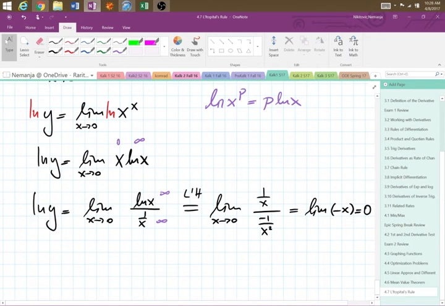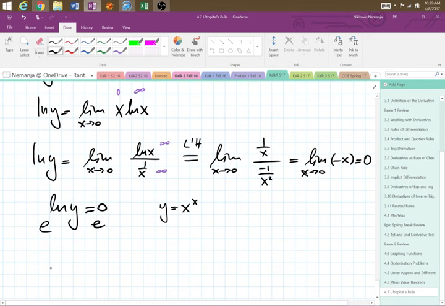So what you got is that ln y is equal to 0, but remember that y was x to the x. So if you e both sides, you get y equal e to the 0, which is 1.